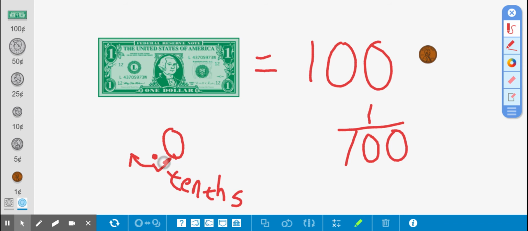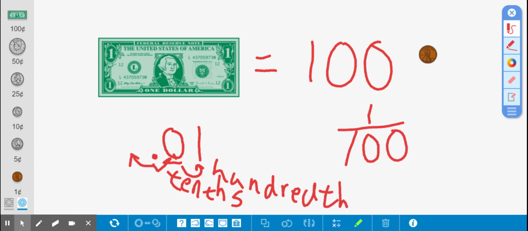But we're not working with dimes in this one, we're working with pennies. So this is the tenths, we move over one more and we get hundredths. And this is the word that we're going to use from now on for the digit that is 2 places over from the decimal point. So let's clear all this.